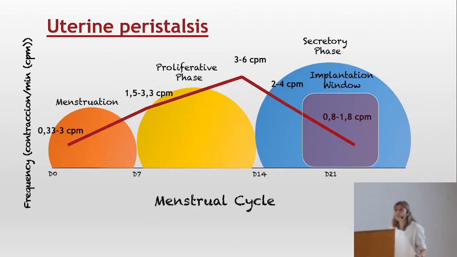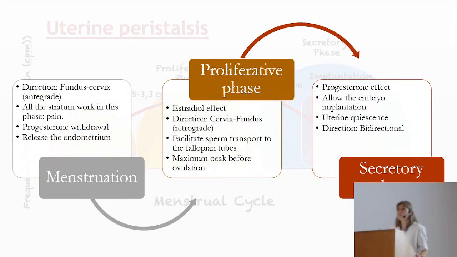So the contractions are physiological and change through the menstrual cycle, fulfilling their purpose. First, during menstruation, we will have intense contractions going from fundus to cervix to release the endometrium.